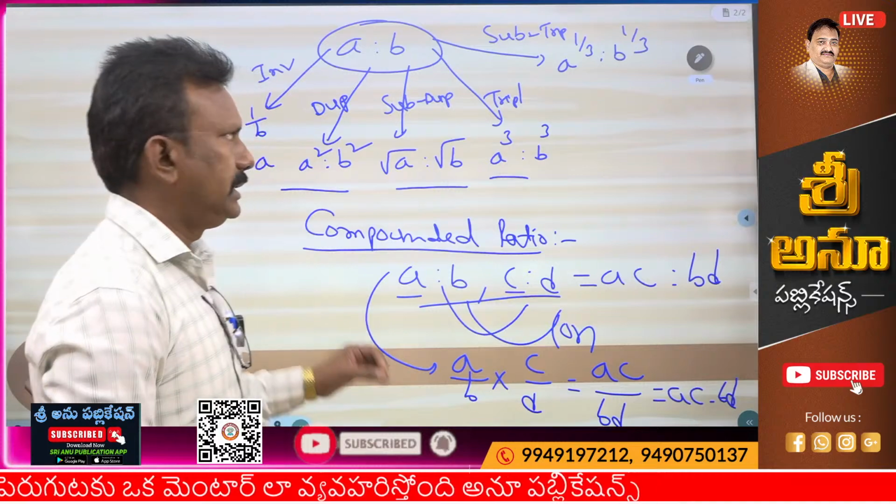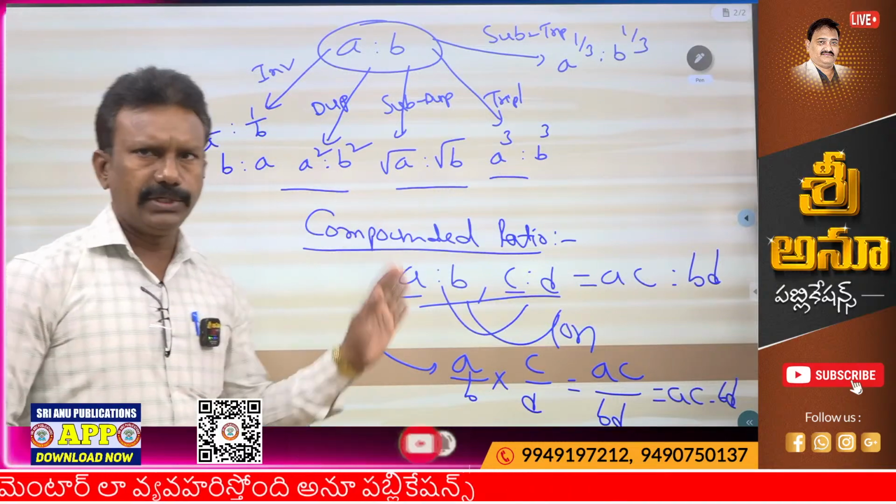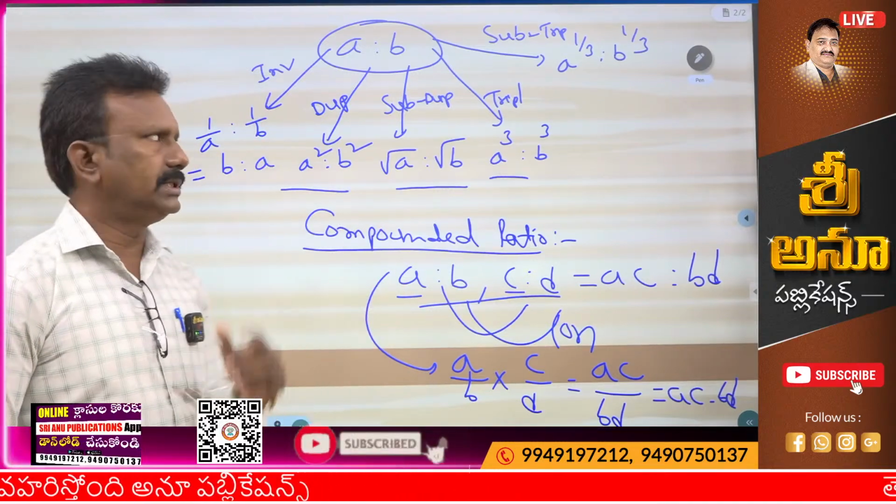Okay. So let us check the examples based on the types of ratios. The best example, the first question.